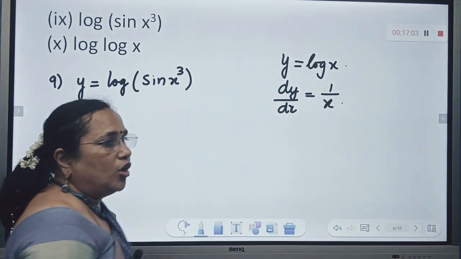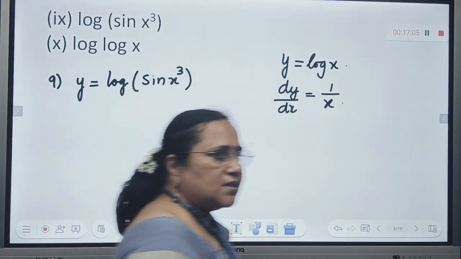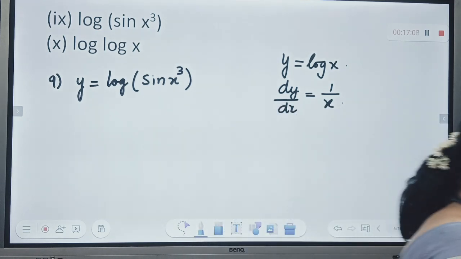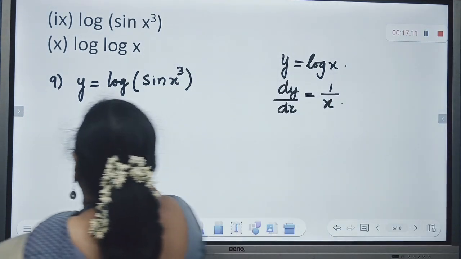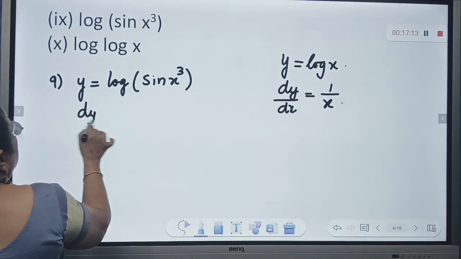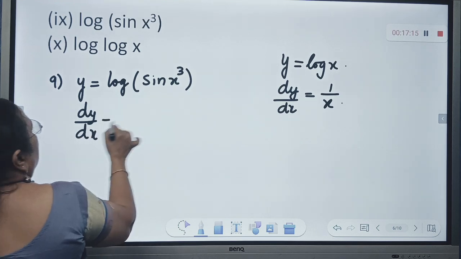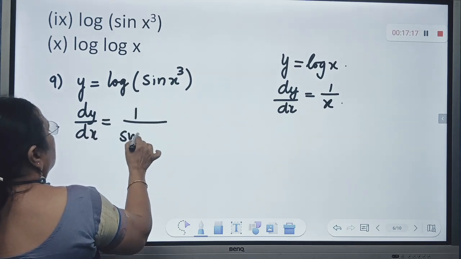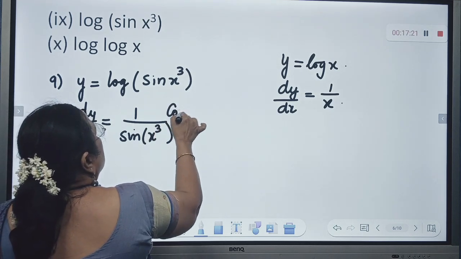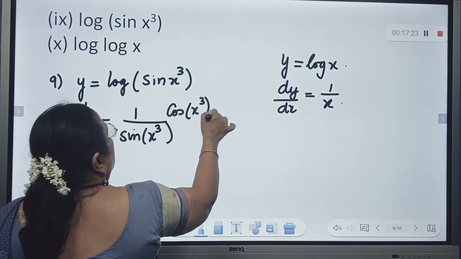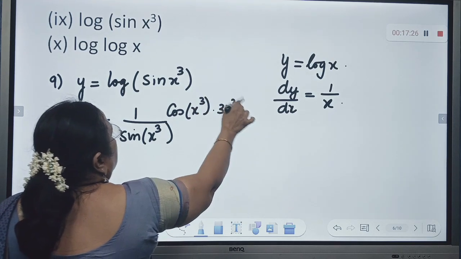The derivative of log x is 1 by x. So dy by dx will be 1 by sin x cube into the derivative of this, which is cos of x cube, into 3x square.